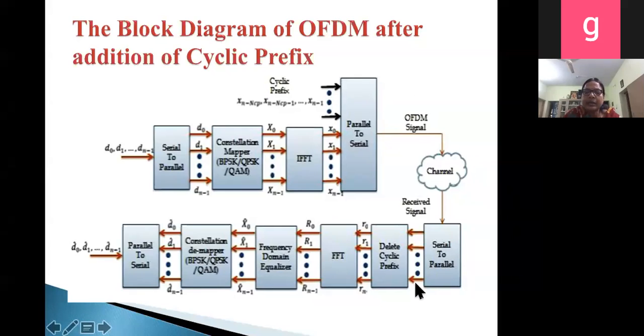And at the receiver we remove the same cyclic prefix. After that, we send the signals to the FFT block, do the frequency equalization, the constellation demapping, and go to the parallel to serial decoding scheme.